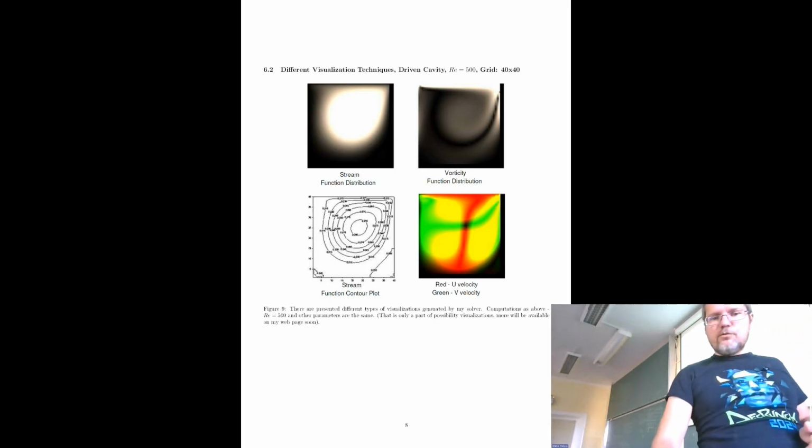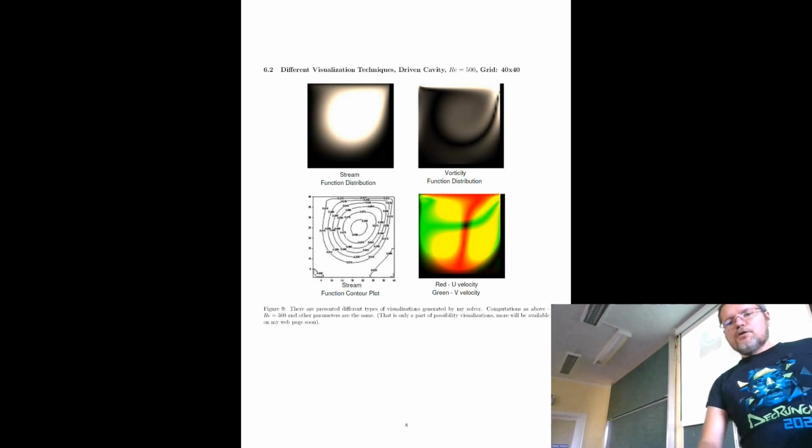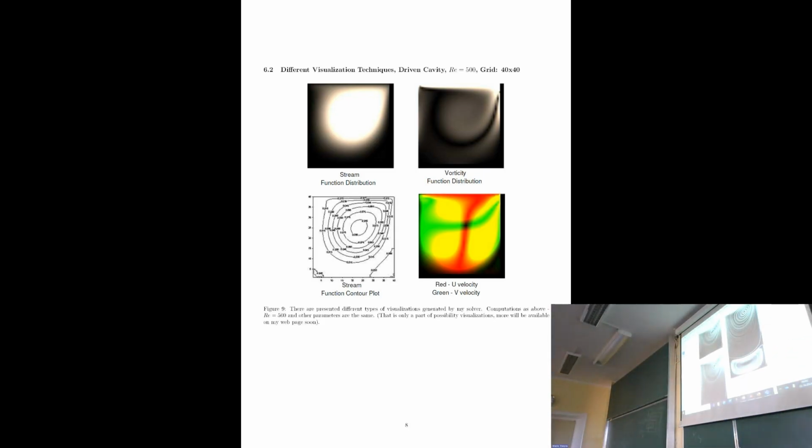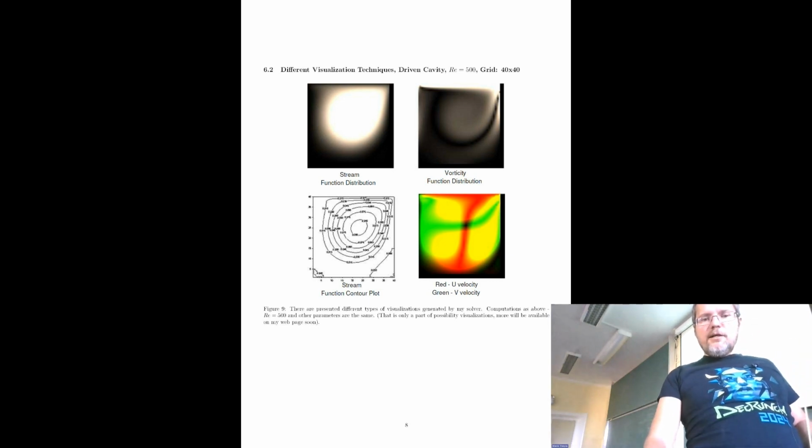I was playing with the solution a bit. There are different ratios of cavities. So if you have a cavity like this, but you enlarge it in the y direction, you can expect that this vortex will lose momentum up to the point where a new vortex will be created. One can play a lot with that. I also checked some convergence, and I was playing with the convergence comparison of those three methods.